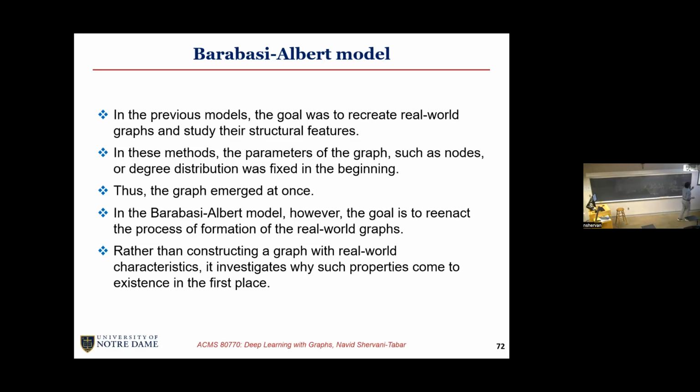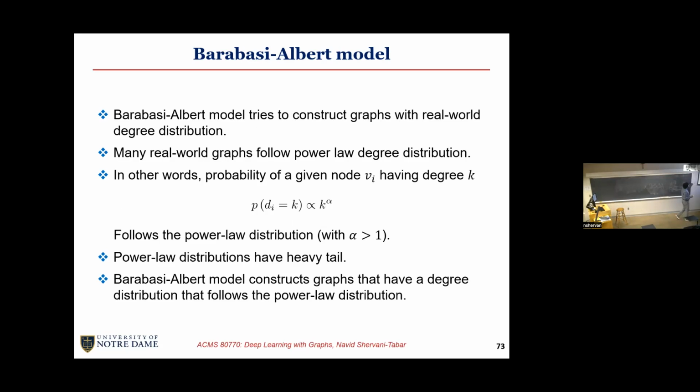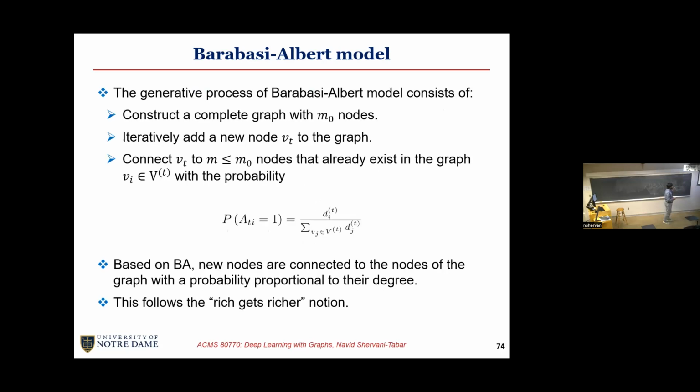So what we're going to do is, I'm going to skip to just the algorithm, but we can discuss later. I have some core set of nodes, let's say n0 core nodes, and then I iteratively add new nodes, I call that vt, to these core nodes.